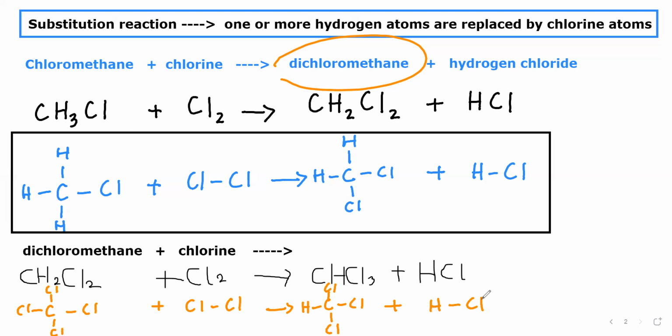What will be the name of it? Here we had di because we had 2 of them. Here we have 3, so trichloromethane plus hydrogen chloride. This is what we learned about the photochemical reaction, which is also called the substitution reaction, for alkanes.